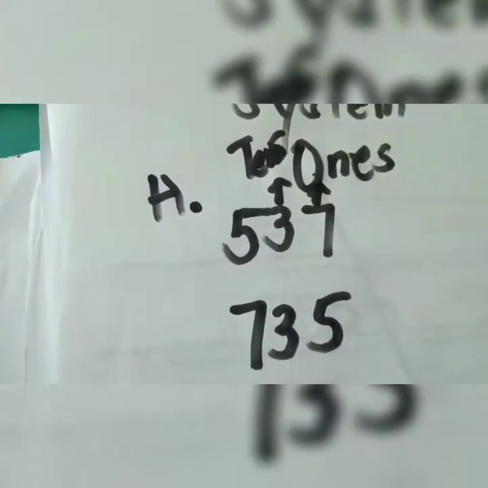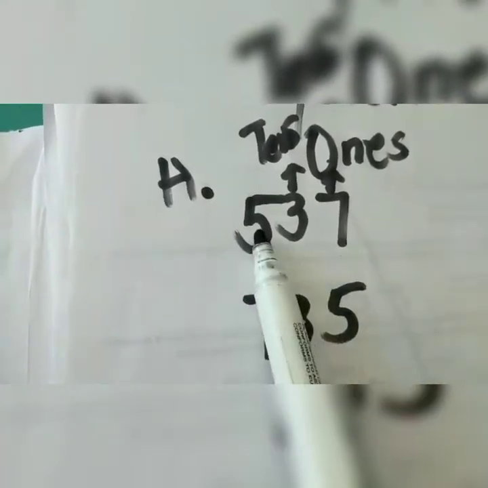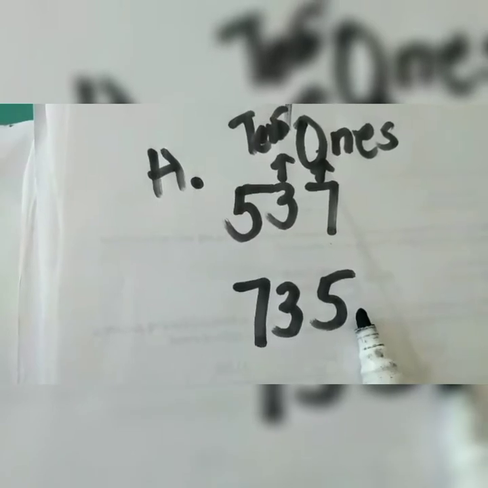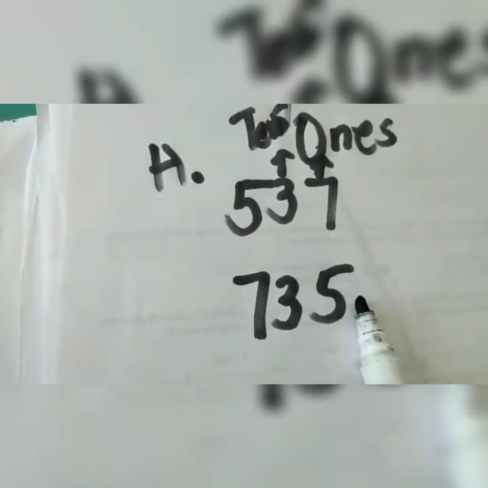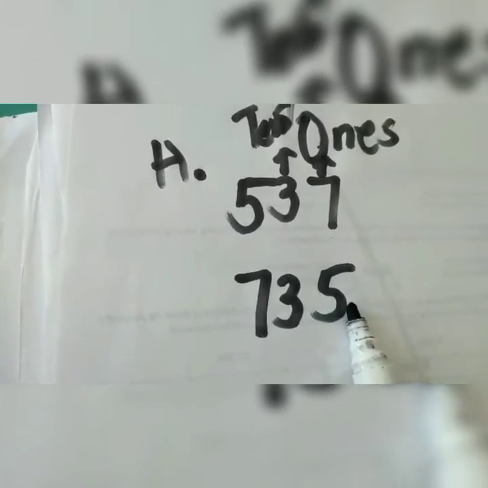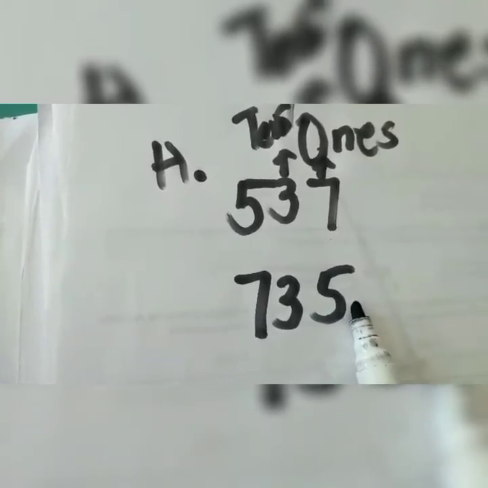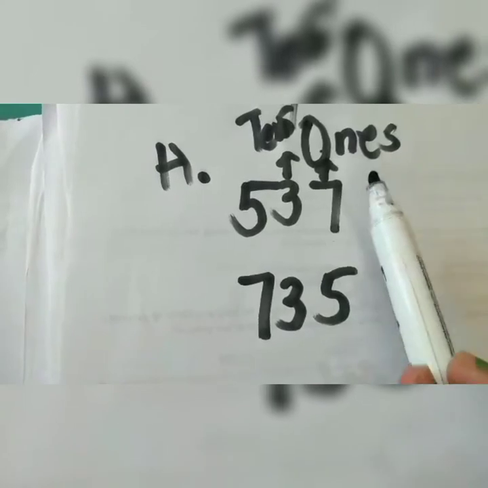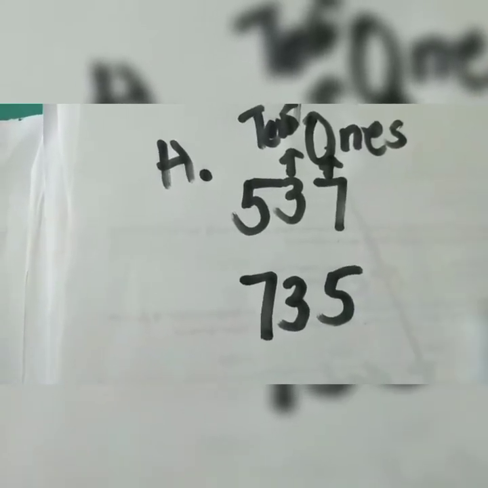So the value of 5 here is hundreds. 100 times 5 is 500. So the value of 5 is 500. Here, the number is in ones place, so the value of this is 5. Why? Because 5 times 1 is 5.